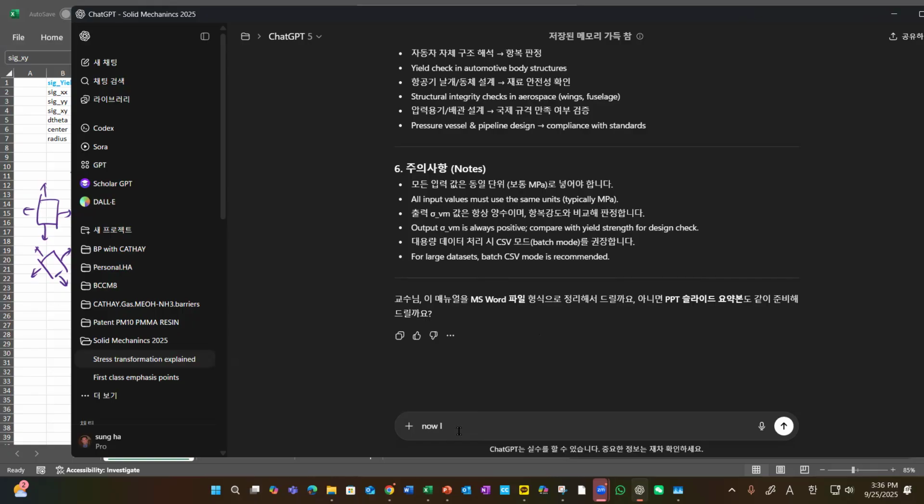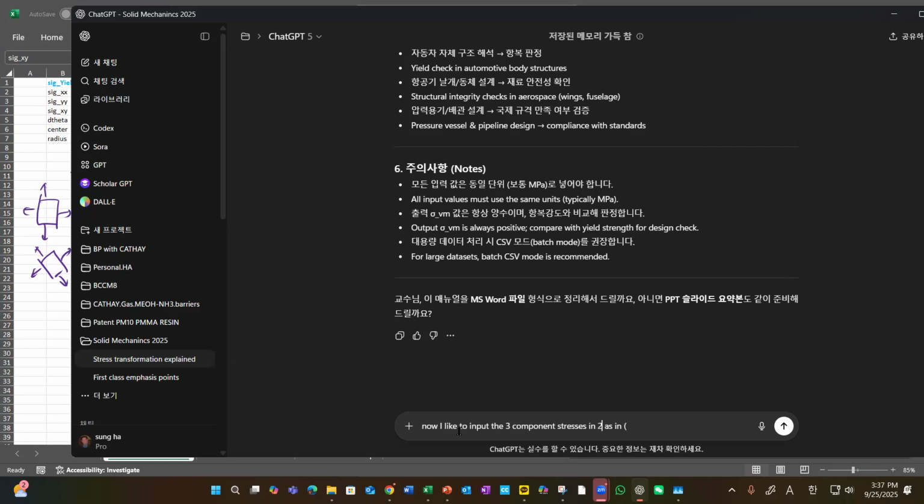Now I'd like to input the stresses as, say, three components in two dimensions.